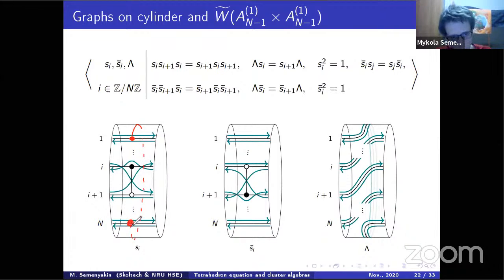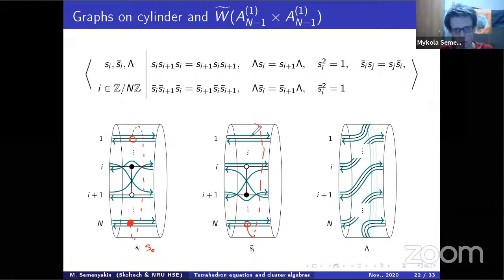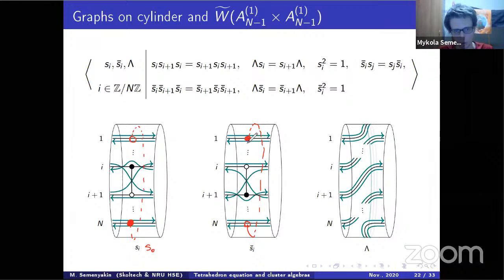Or better, to make notations consistent, I should draw it in this way. So what is drawn in red is S0, not the bar, S0. And we also have a generator which has a white dot here and a black dot here. And this is S0 bar.